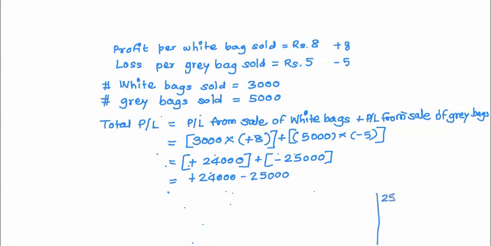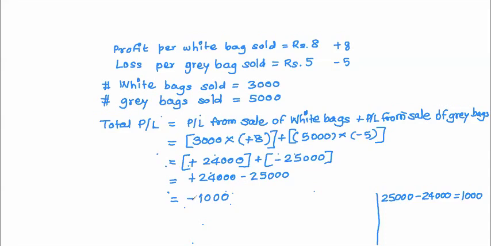So subtracting 24,000 from 25,000, we get 1,000, and we are doing the subtraction in rough work. So we get the answer back here, 1000, and to the answer we have to give the sign of the greater number, which is 25,000, and the sign is negative, so the answer gets negative.